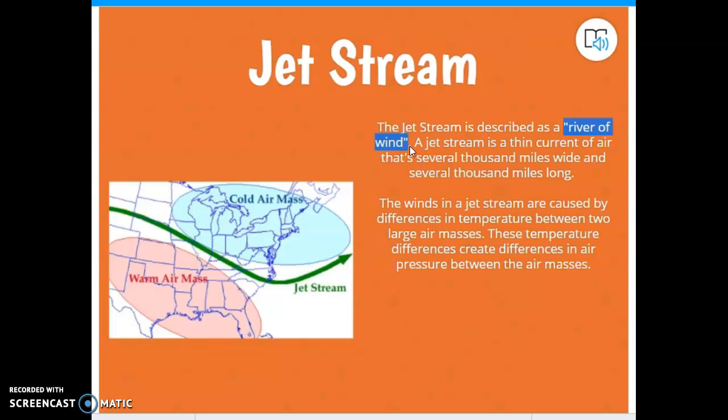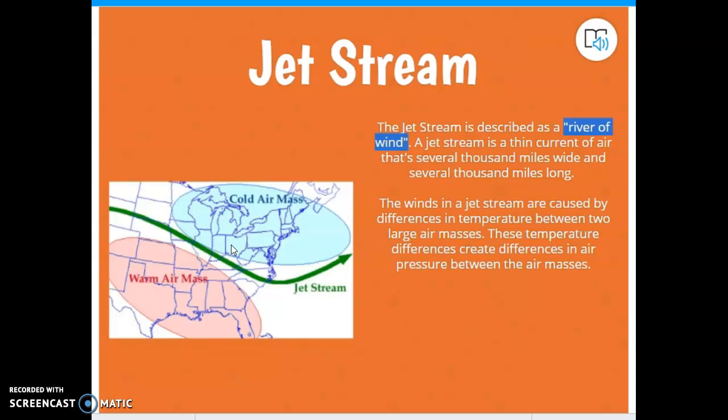And now if we look at this picture down here, you'd be like, Mr. Bullens, I've seen warm air masses before, and I've seen cold air masses. This seems very normal to what we've been studying, and it is. So the jet stream's not going to be overly difficult for you. The jet stream actually separates two different air masses of extreme different temperatures.